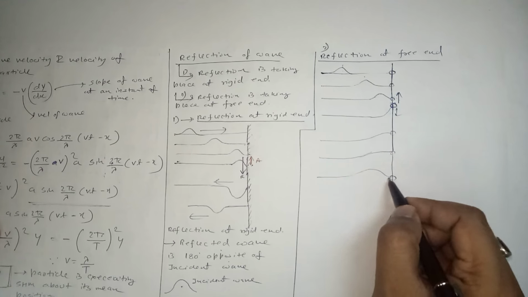Reflection took place at a free end, which didn't supply any sort of hindrance to the incoming wave pulse, whereas in reflection at a rigid end, the end provided an obstacle, a hindrance to the incoming incident wave pulse.